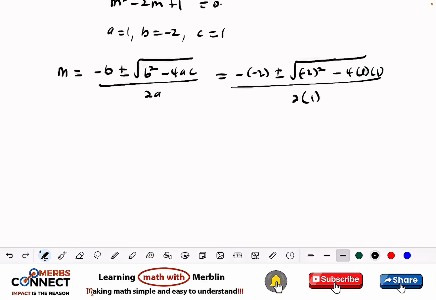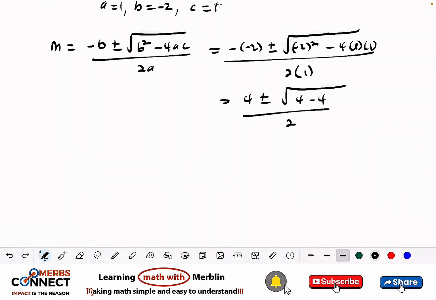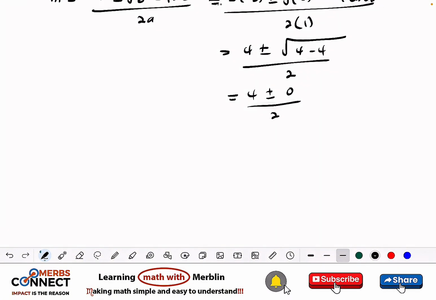Good. So this is going to give us 4 plus or minus the square root of 4 minus 4, divided by 2. So this is going to be 4 plus or minus 0 divided by 2, and this is going to give us 4 divided by 2, which is 2.